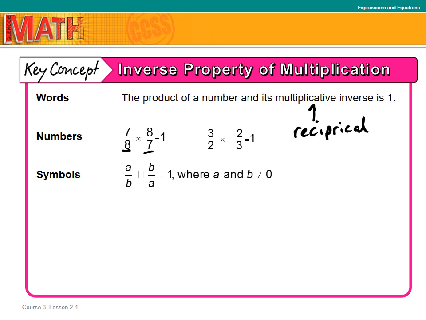If we cross cancel, the 8's cross cancel each other and we're left with 1. The 7's cross cancel each other and we're left with 1. 1 times 1 over 1 times 1, or 1. Same thing happens, notice, when it's negative. Both of these terms are negative, so that's why it's multiplicative inverse. Negative 3/2 times negative 2/3 will equal 1.